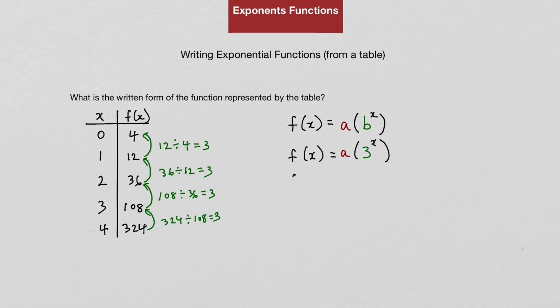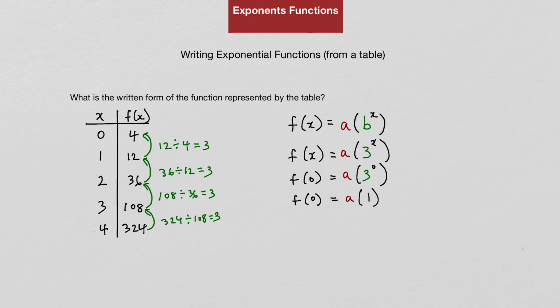Then we will get, let's say f of 0 is now equal to some value of a times 3 to the 0 power. Okay, and when we go ahead and solve this, well, not necessarily solve it, but when x is 0, f of 0, we get some number a times 1.